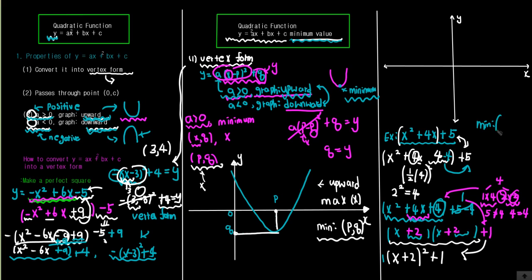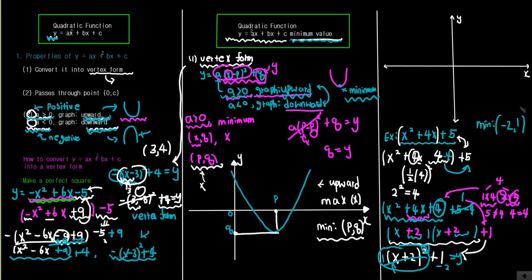So for the minimum point, the x value is the one which makes this whole expression turn to 0, which means when you input a value of -2, this whole thing turns to 0, and the leftover will be the y value, which means we input -2, and our leftover will be positive 1. So this is our minimum point.